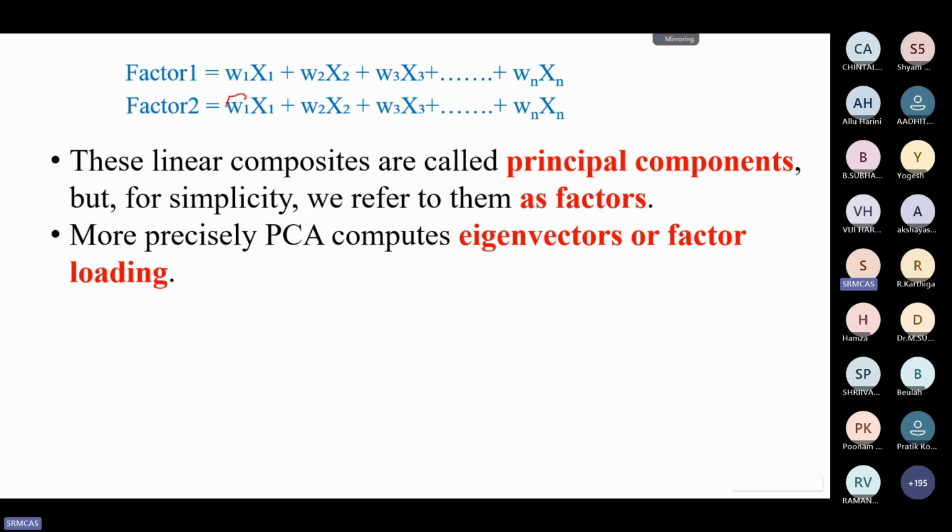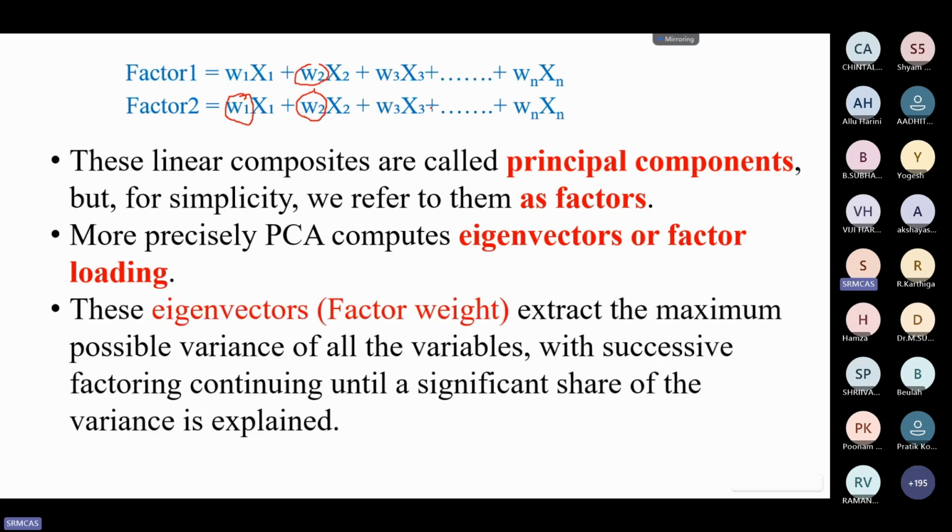The role of PCA is just estimating these loadings, then multiplying the respective values of the respective variables and computing the factor. These weights, called eigenvectors or factor weights, extract the maximum possible variance of all the variables, with successive factors continuing until a significant share of the variance is explained.